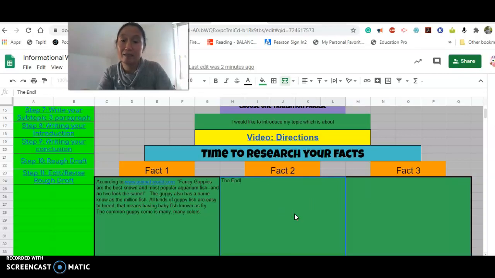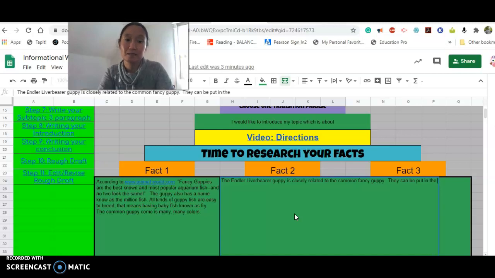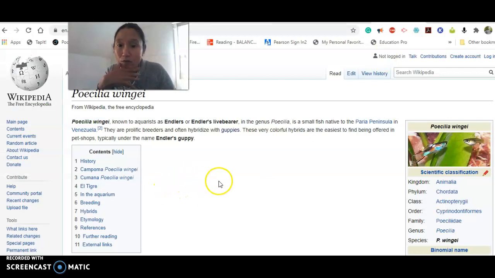The Endler's live bearer guppy is closely related to the common fancy guppy. Period. They can be put in the same tank and both fish will have fry or babies. Okay, what else is known about them?